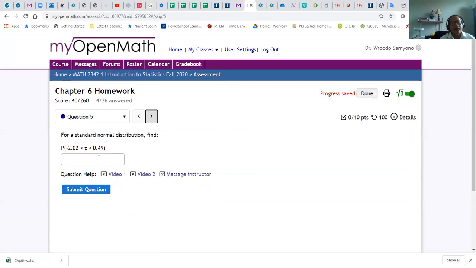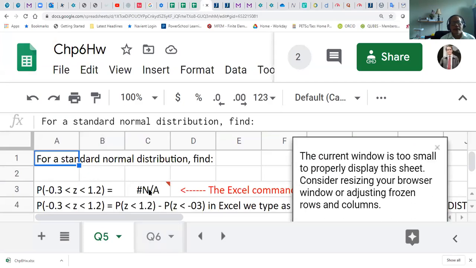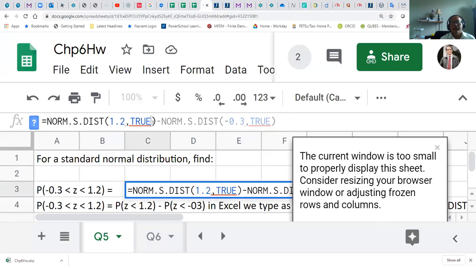Okay, for this one, remember you need to subtract the area to the left of this number from the area to the left of this number, right? Okay. So in Excel, you need to put, okay, so that's number 5. You need to erase the TRUE here because in Google Sheets, you don't need to put this.